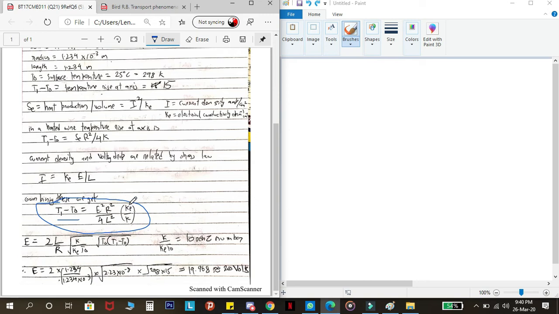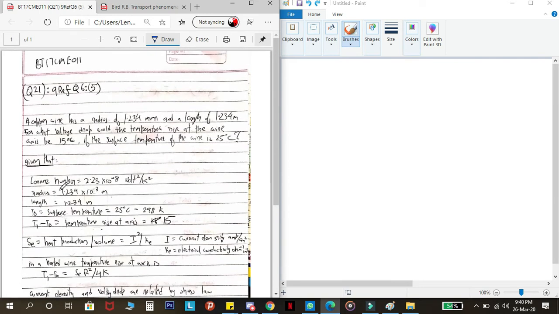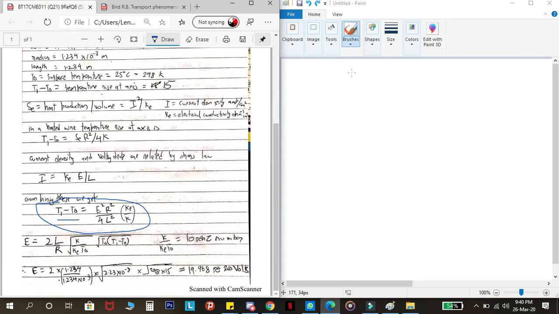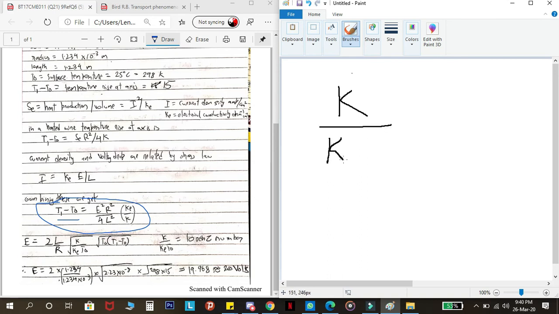Now here we have terms such as electrical conductivity and thermal conductivity, which are not directly given to us for this wire, but we do have the Lorentz number. Lorentz number is a dimensionless number. It's a relationship between the thermal conductivity and the electrical conductivity and the temperature for a given element. So this is what the Lorentz number is.